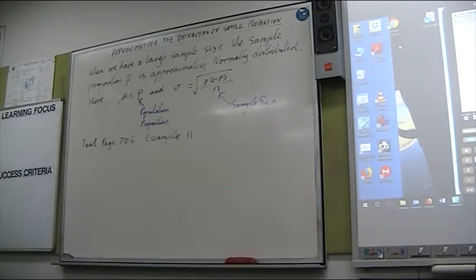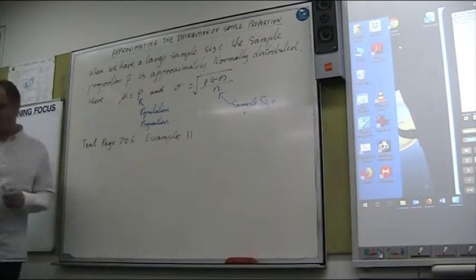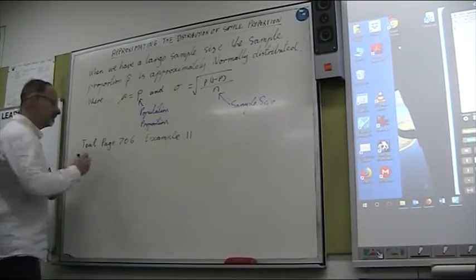Reading it says, assume approximately 60% of people have a driver's licence. Using the normal approximation, find the approximate probability that a randomly selected sample of size 200 has more than 65% with a driver's licence. So population proportion, that's the first bit where they say assume 60%.